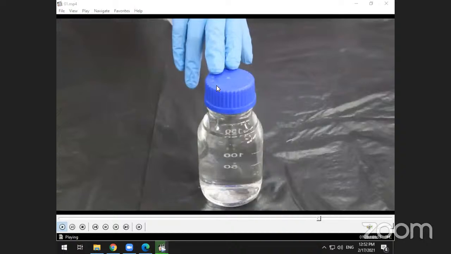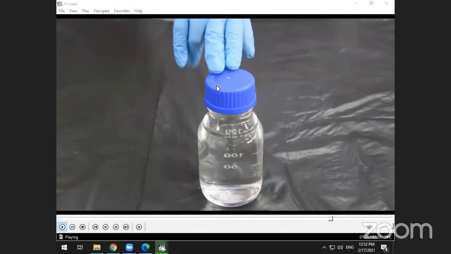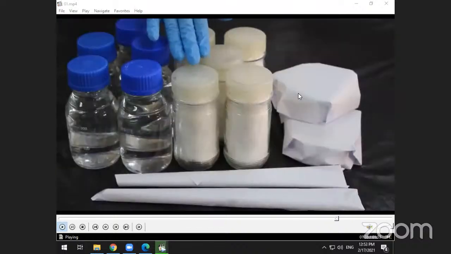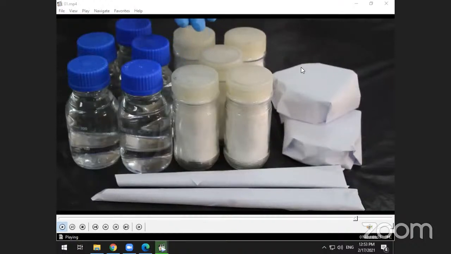Fill the bottles with deionized water, which will be used to sterilize explants. These things are now ready to autoclave and will be used for the tissue culture experiment later on.